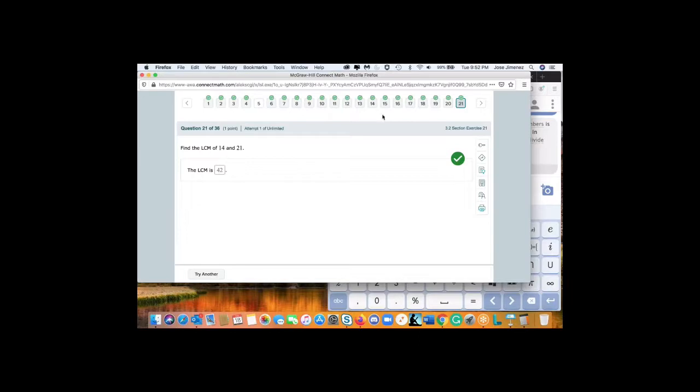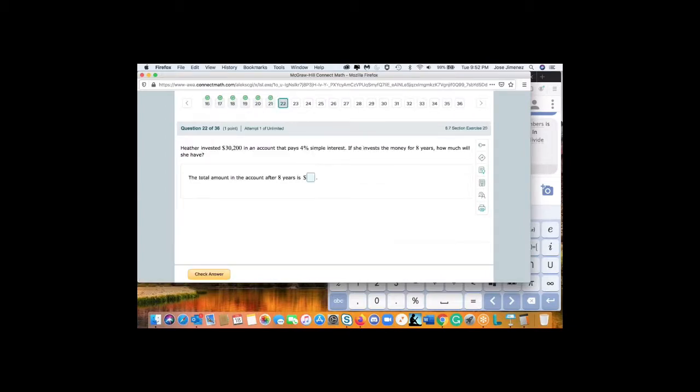Now we move to the right to check the last problems. Now for this one, you have to remember the formula that says interest is equal to P R T. P means principal, R means the rate in percent, and T means time in years, the number of years.